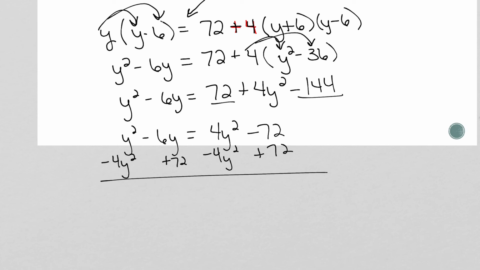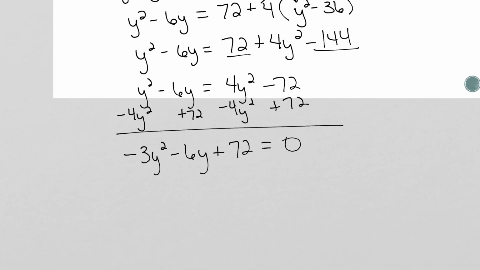Okay, so I end up with negative 3y squared minus 6y, oh, I forgot something, plus 72 is equal to 0. All right, now let's factor out a negative 3 because they all have at least that in common.